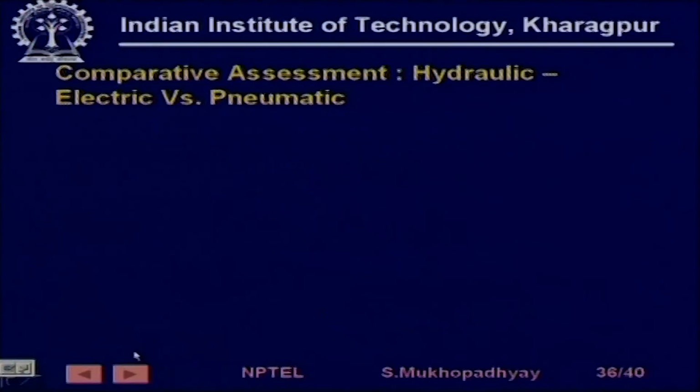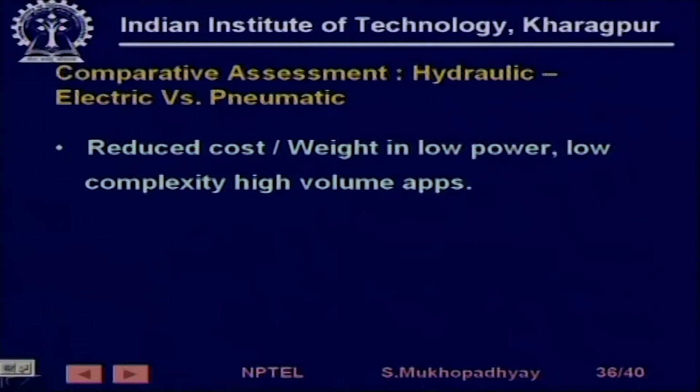Now we come to the last topic, which is the comparison of hydraulic, electric and pneumatic systems. It turns out that for low power, low complexity, high volume applications, pneumatic systems tend to give you an advantage.